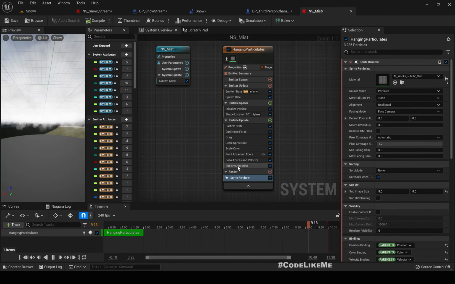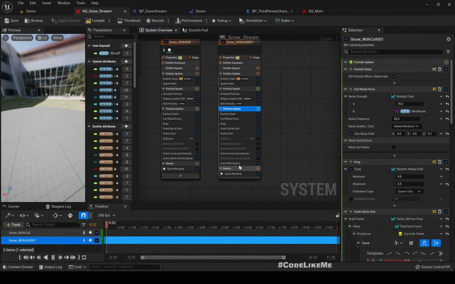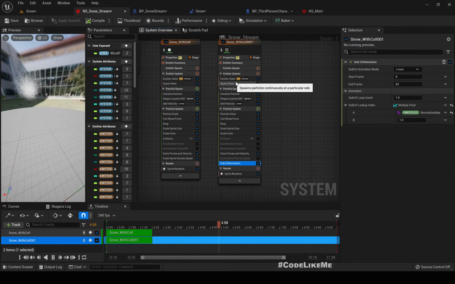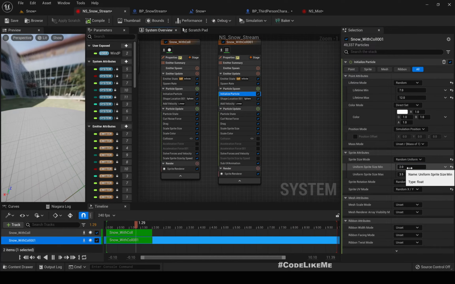Also here we have this sub UV animation. Let me copy that too. But the size, yeah, for a fog it should be much larger, so maybe 200 by 300.